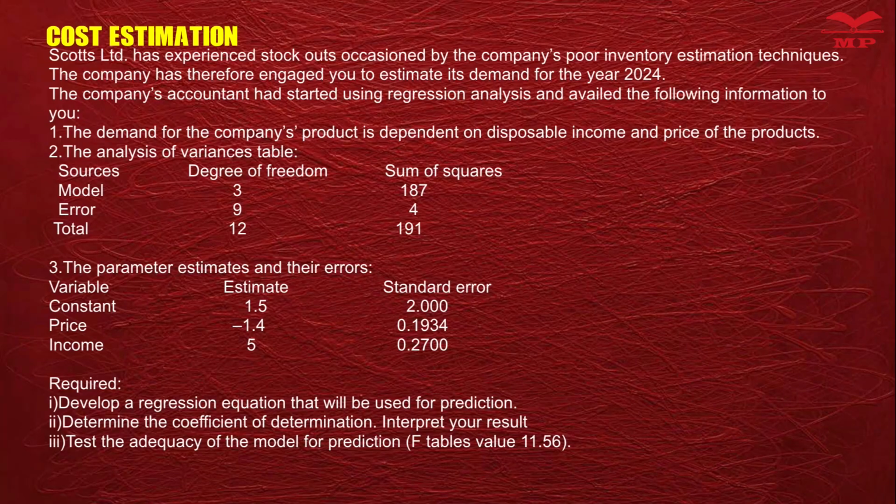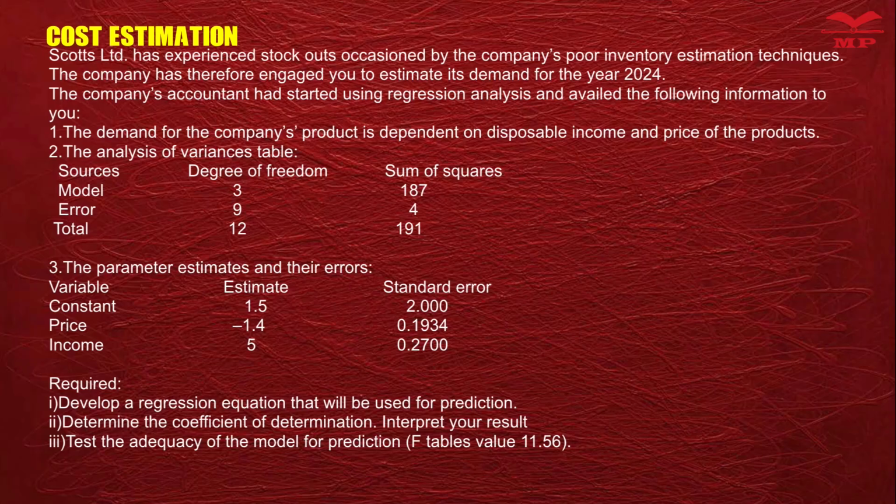Look at the question. Look at note number 3. We have the constant. The parameters, the estimates and their errors. We have this constant 1.5 represents the intercept, plus beta 1. Our beta 1, look at the question, candidates. We read note number 1.